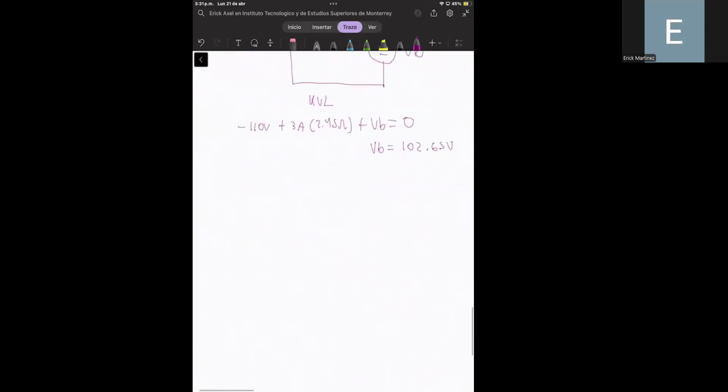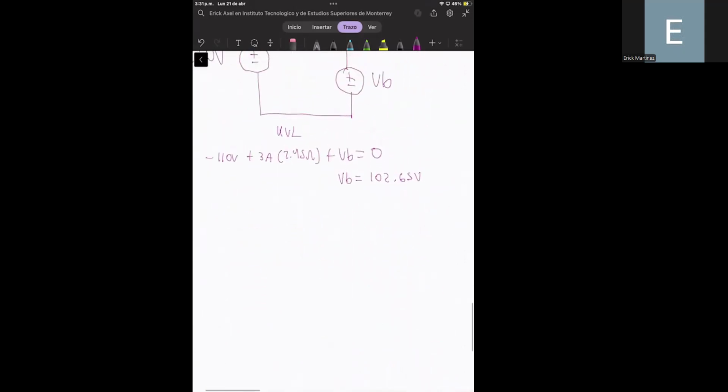Typically, we can say that the equivalent circuit of a DC motor consists of the voltage, and in series we have the armature resistance and the back EMF voltage.